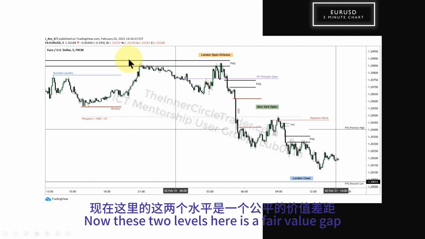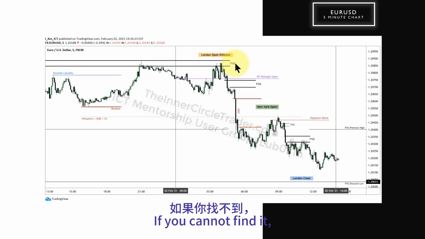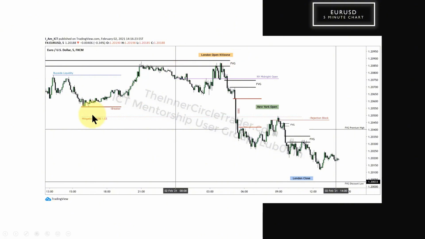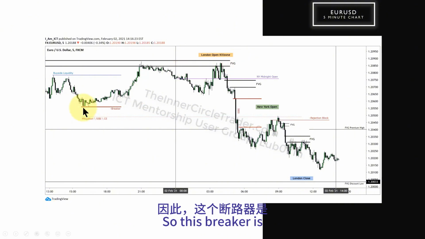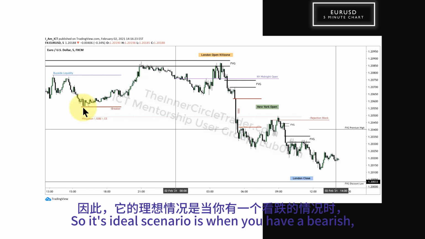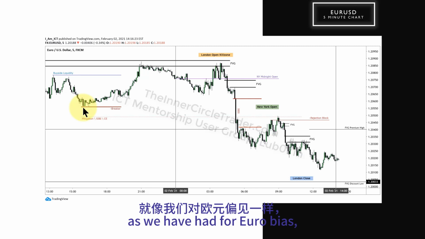Now these two levels here are a fair value gap that you can find on your 15-minute time frame. If you cannot find it, trust me, it'll be included in the midweek review tomorrow. So this breaker is characteristic of mitigation. Its ideal scenario is when you have a bearish bias, as we have had for Euro.